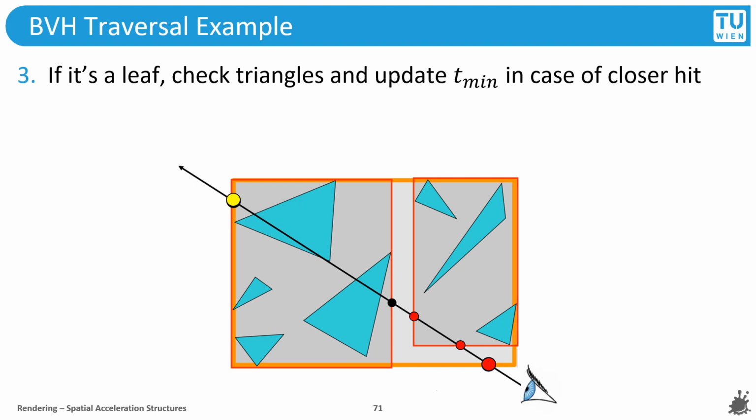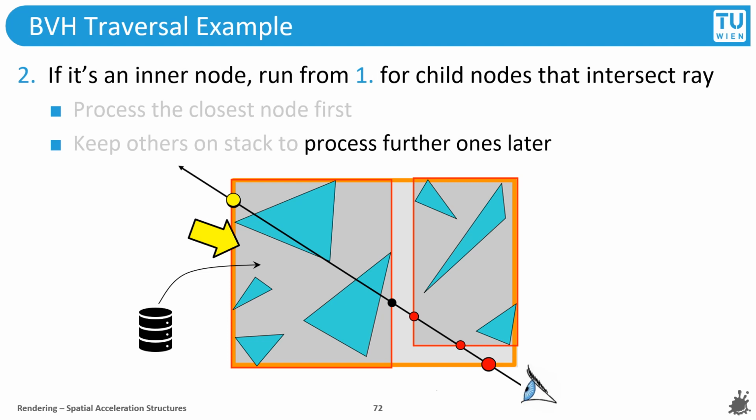Since there is no intersection of any of the triangles with our ray, there's also no update to T min. After exiting the first child node, we again continue with running from point 1 with those child nodes that we have still pushed onto the stack. And that in this case is the second child node here, which we can now pop off and process at this point in time.